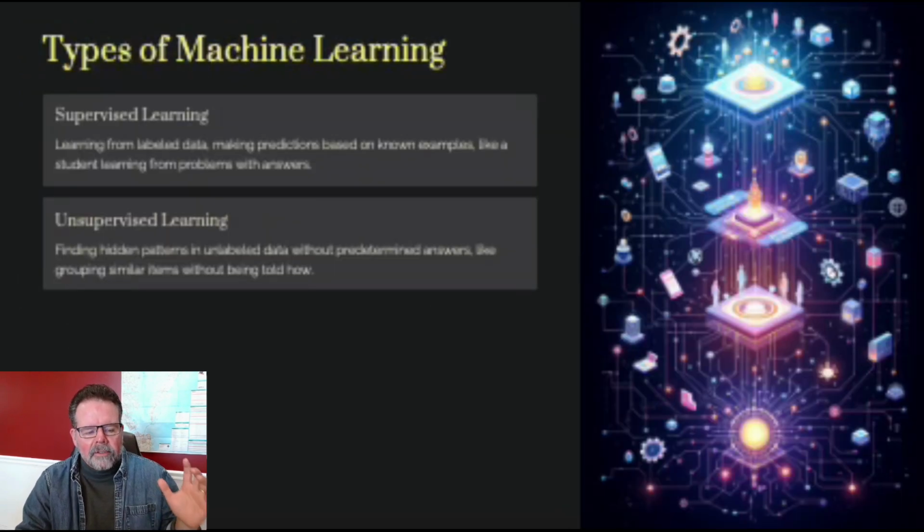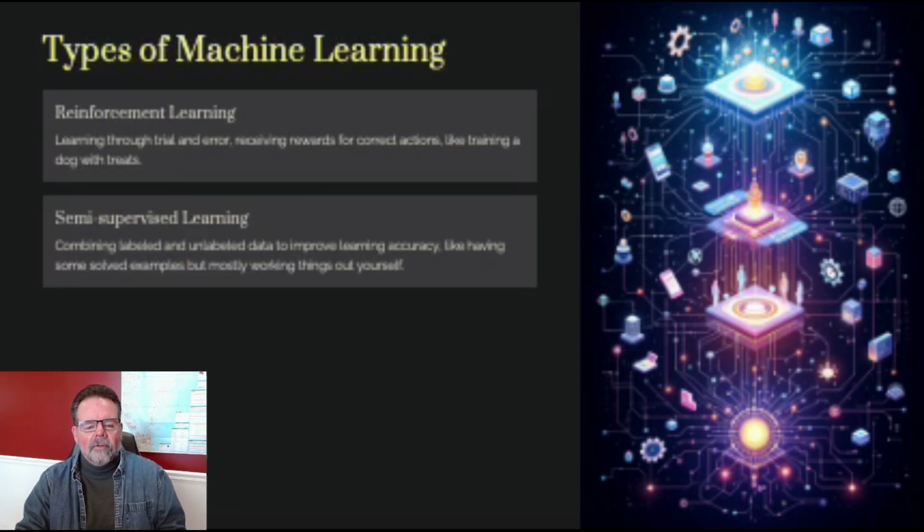Machine learning isn't just one thing. We say it comes in four flavors, if you will. The first is called supervised learning. This is like a student learning to solve a problem from data that's been labeled, and you can make a prediction from that labeled data. Unsupervised learning is more like an explorer looking for patterns. What do we have here?